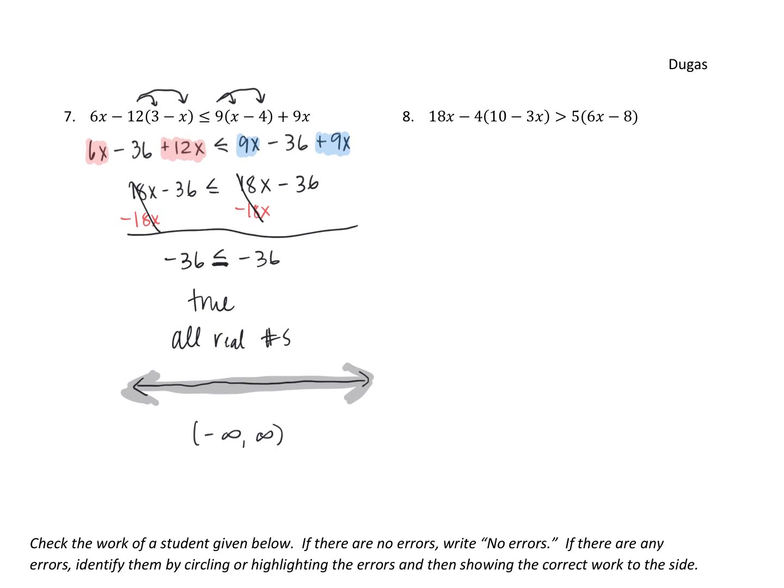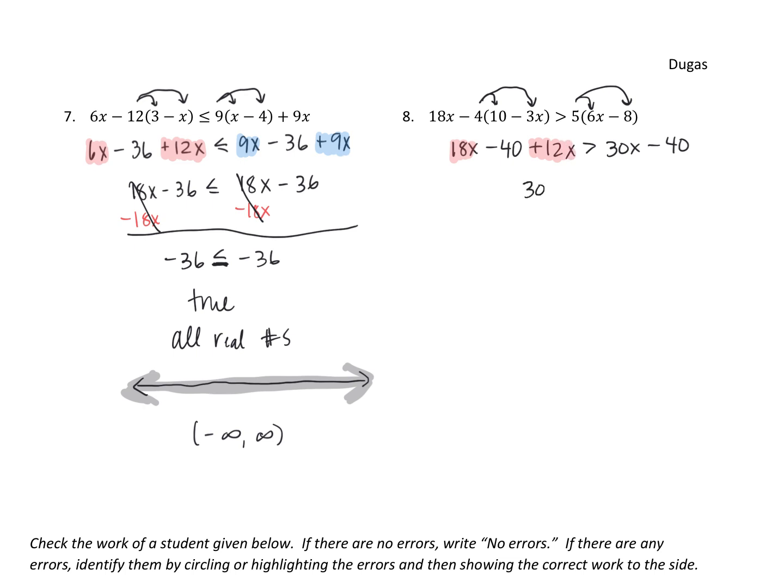All right, number 8. So we want to distribute the negative 4. So we will get 18x minus 40 plus 12x is greater than, distribute the 5, we'll get 30x minus 40. So on the left-hand side, we have these like terms of 18x and 12x.